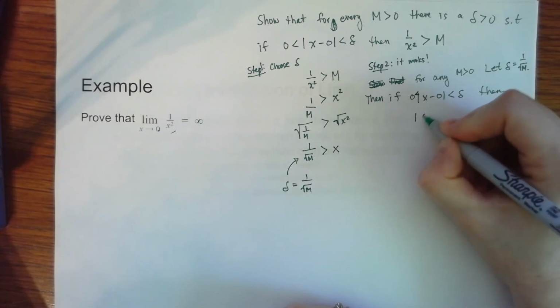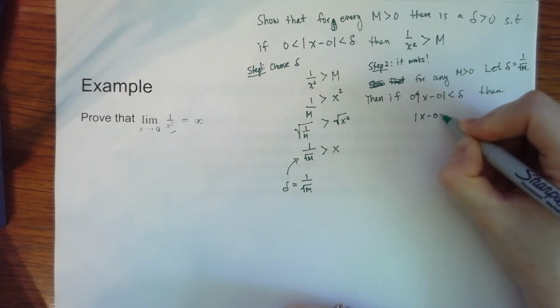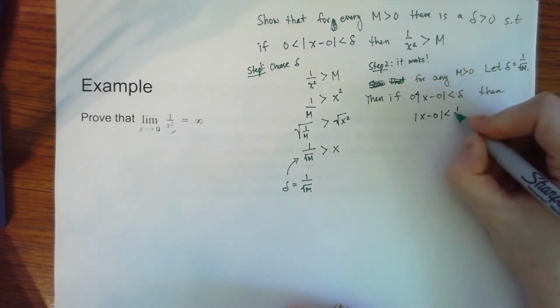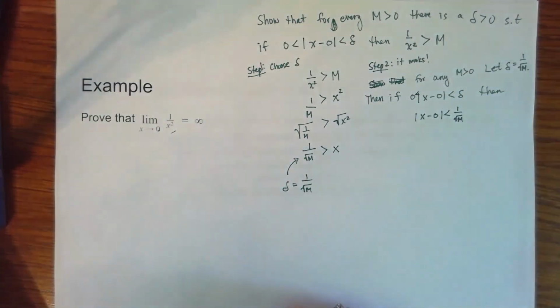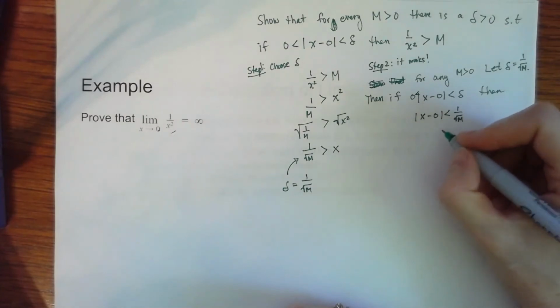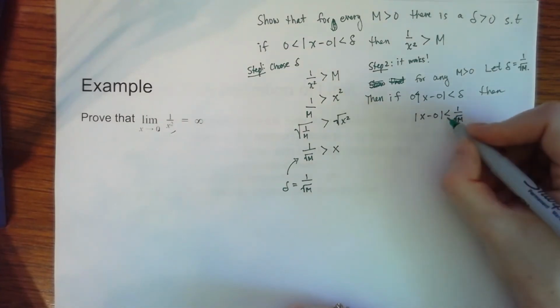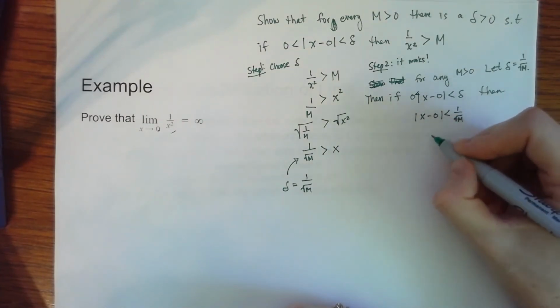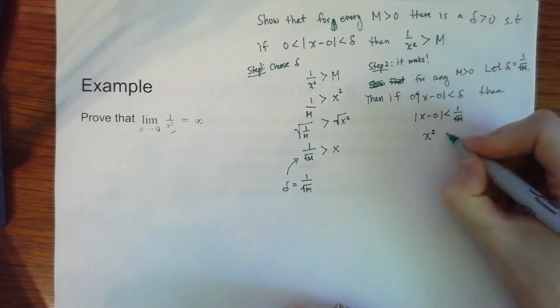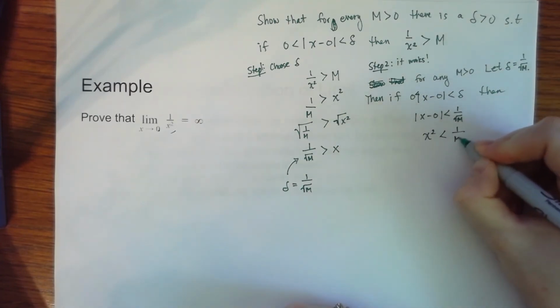That means we've got the absolute value of x minus 0 is less than 1 over the square root of m. If we square both sides, if we square the absolute value of x, we're going to get x squared. And if we square this side, we'll get 1 over m.